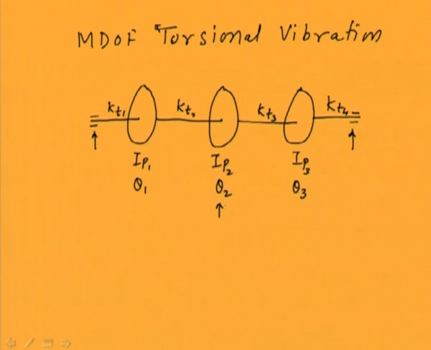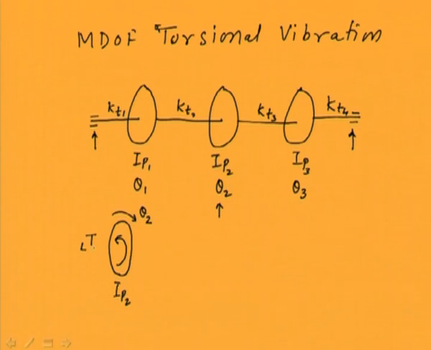So let us take the free body diagram of one of the discs, let us say disc 2. Let us say it is having this particular oscillation. Because of this, there will be a torque on this side of the disc which will be coming from the shaft.